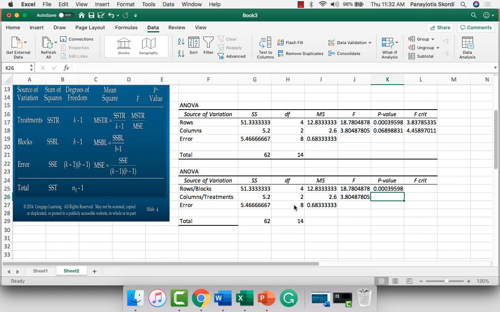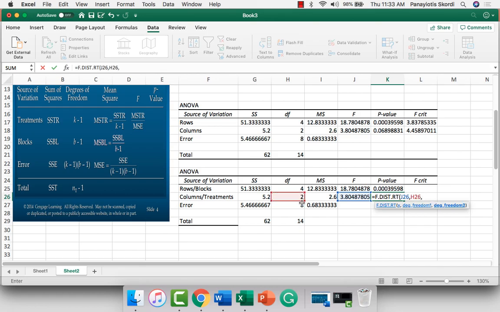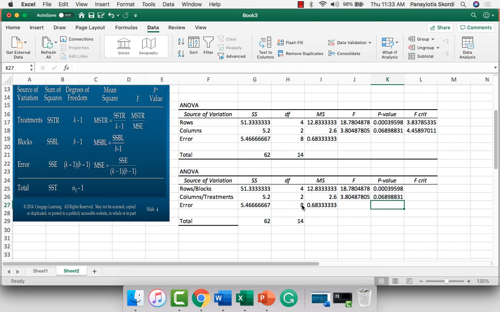Likewise, for the other p-value, it's F.DIST.RT. I use the test statistic, and then the degrees of freedom I used to generate that test statistic, which were the 2 and the 8, because I divided the treatments mean square by the error mean square. That gives me the same value as above.